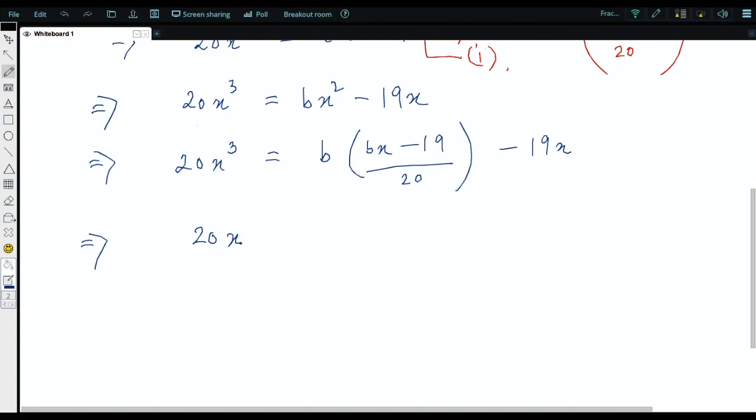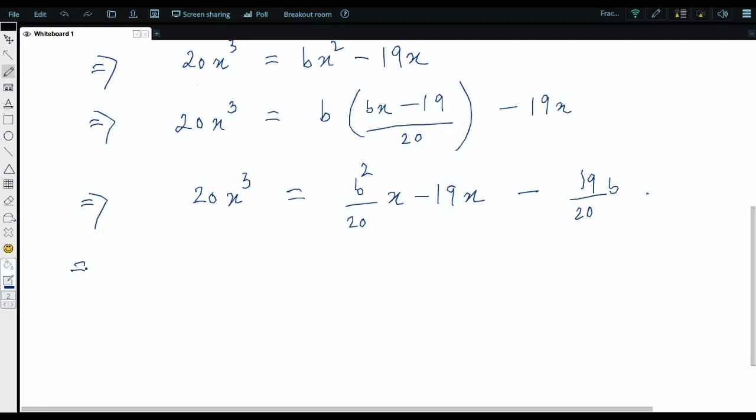So 20x cubed will be equal to b squared by 20 times x minus 19x, and the constant term will be minus 19 by 20 times b, which is also rational.